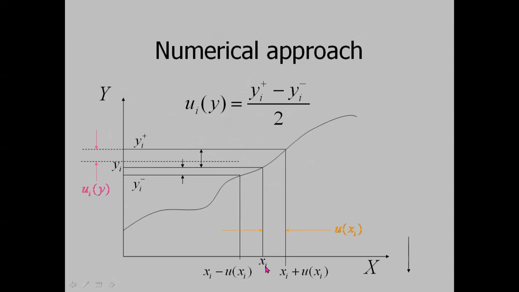When x equals xi, we have y equal to yi. Then x is increased by its standard uncertainty, and y is yi plus. When x is reduced by its standard uncertainty, y is yi minus. So these distances are not equal, so we take the average distance as the standard uncertainty of y at that middle point.